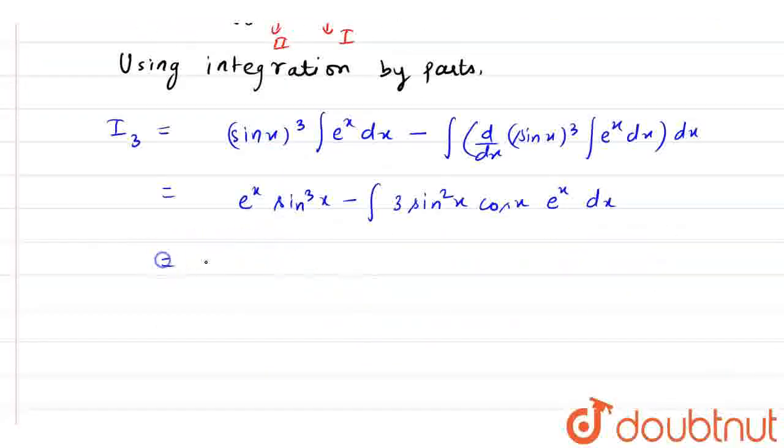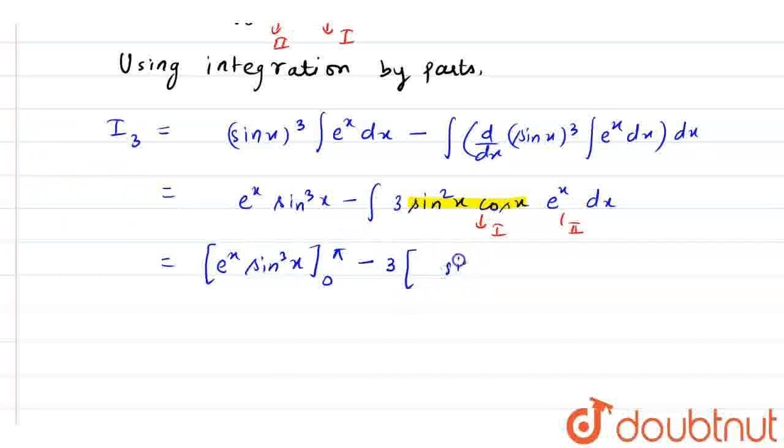Now we have e to the power x sin cube x with limit 0 to pi, minus, and here I am again going to use integration by parts. We have 3 as common.